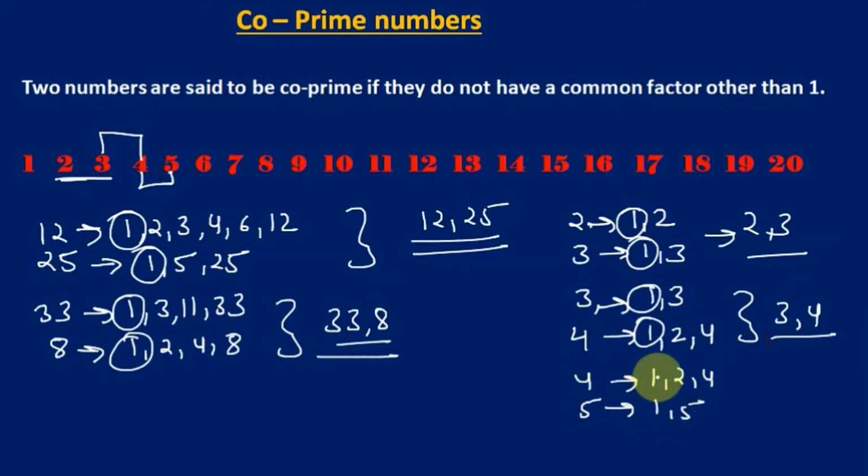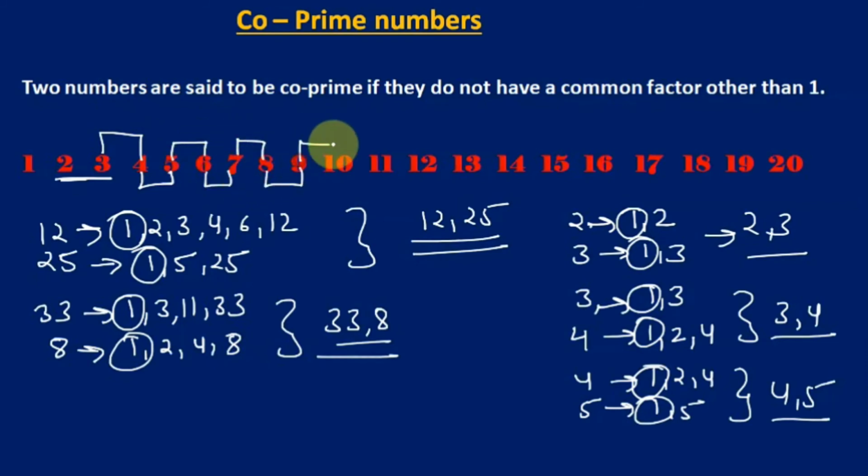So between these two numbers 1 is the common factor, so this is also a co-prime pair. So if you check any successive numbers, they are always co-prime. Means any two successive numbers like 5 and 6, 6 and 7, 7 and 8, 8 and 9, 9 and 10, they are always co-prime.